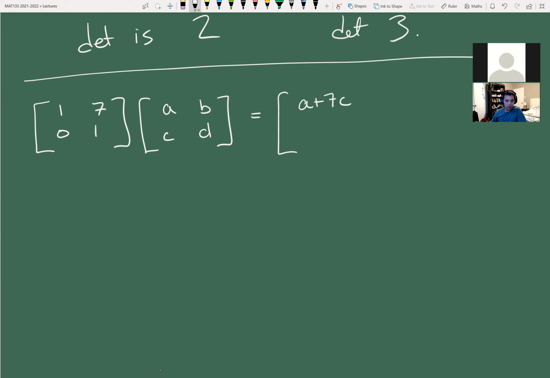Okay, what else? So second row, okay, so we're going to get a C here. So first column is done. Now let's work on the second column. What do we get? D in here, okay, sure. And so what's the top right? B plus 7D, right?